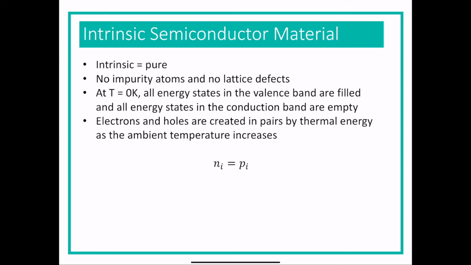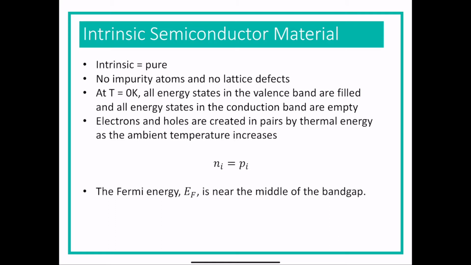And we can just say that the number of intrinsic electrons equals the number of intrinsic holes. So little n in this class is always going to be the number of electrons. Little p is always going to be the number of holes. And then the subscript might mean something, might not. But a subscript i means intrinsic. So that's what's in intrinsic material.